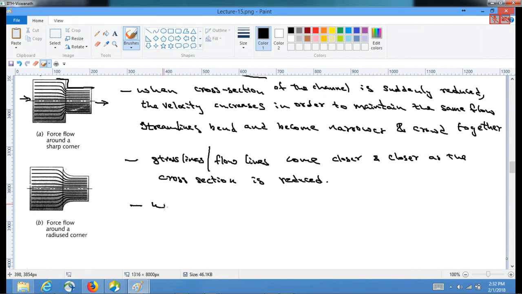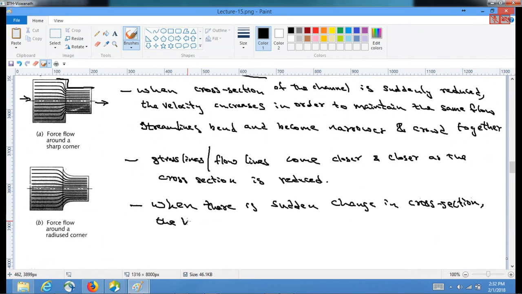So when there is a sudden change in cross section, the bending is very sharp and severe stress concentration arises.